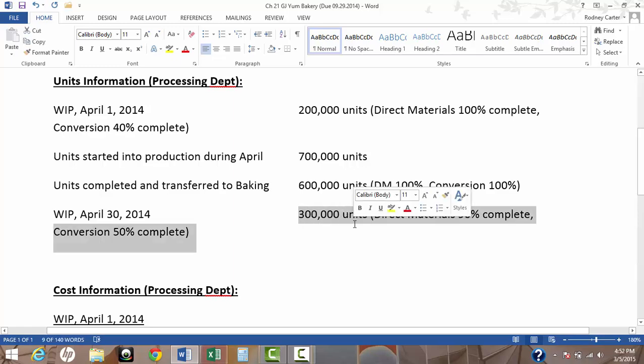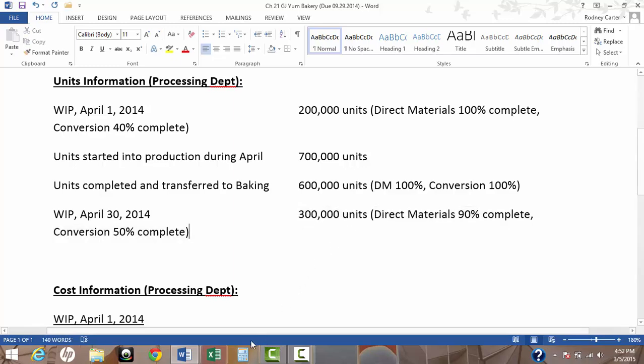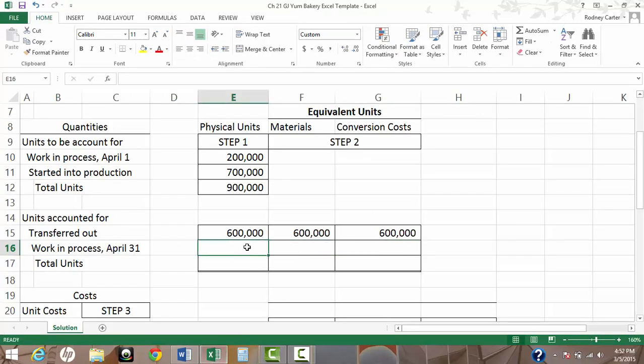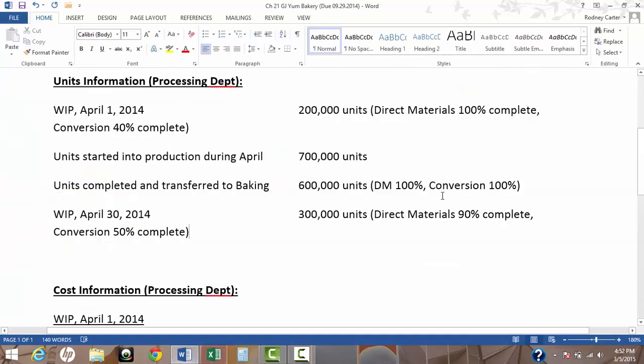Now, work in process, we ended the month with 300,000 units still in work in process. So we type in 300,000. Now the question becomes, what percentage complete are they as to materials and conversion costs? Well, they're 90% complete as it is to direct materials, and 50% complete for conversion.